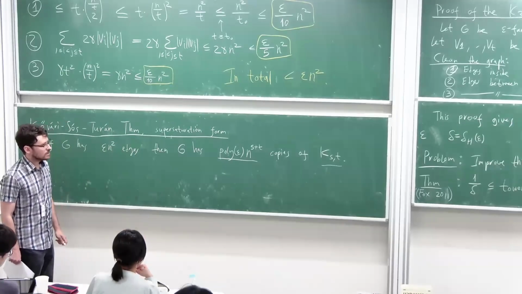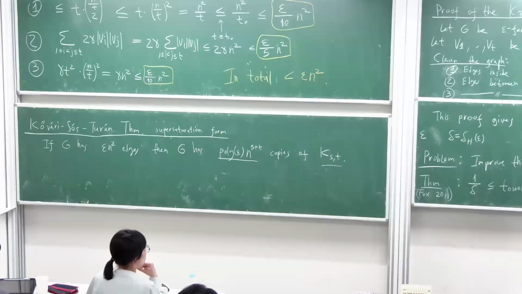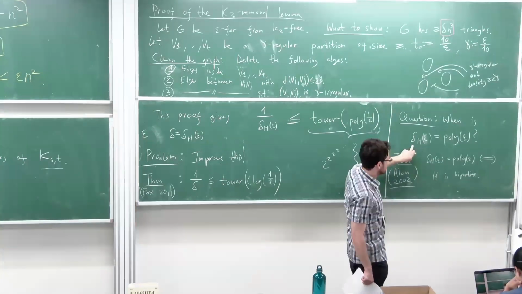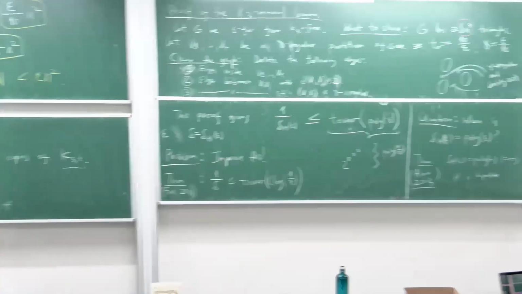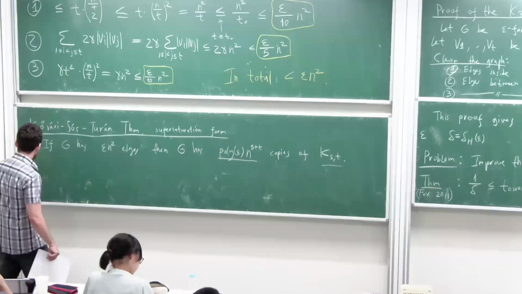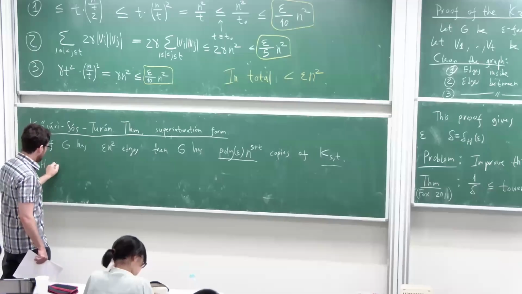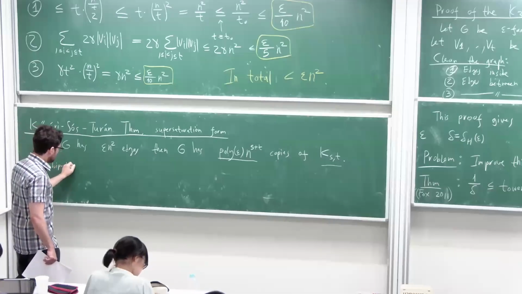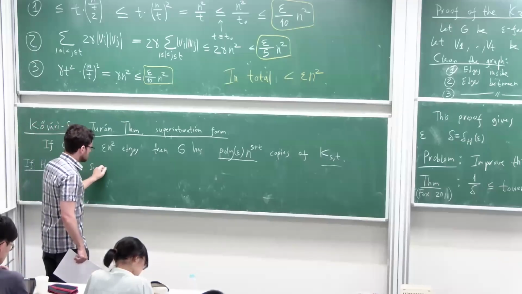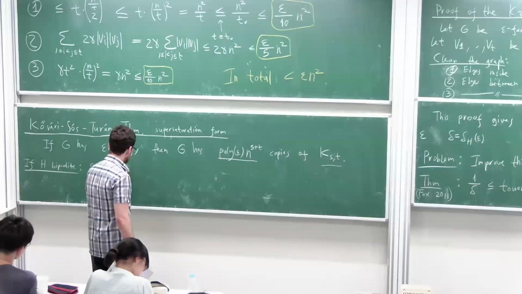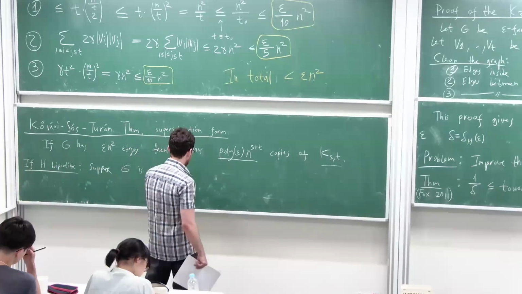Now this implies that if H is bipartite, then this delta is polynomial. Let me explain why. Suppose H is bipartite, and G is epsilon-far from H-free.